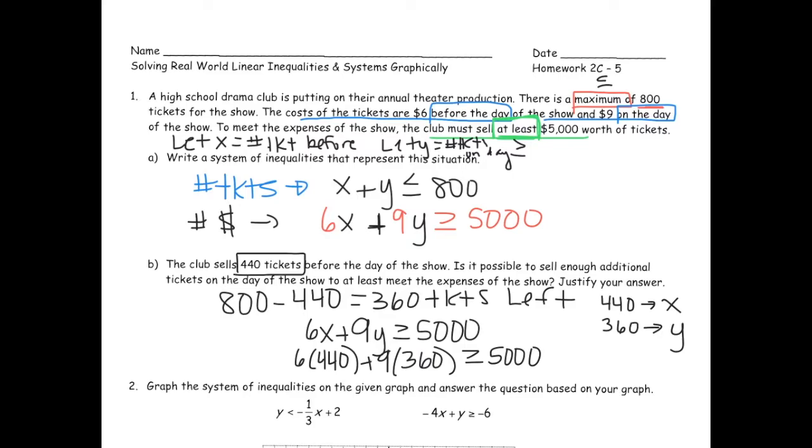So when I put it in my calculator, I get that this is $5,880, and that is greater than or equal to 5,000. So we have shown that if 360 people show up, it will be possible for them to meet the expenses of the show. Yes, it is possible.